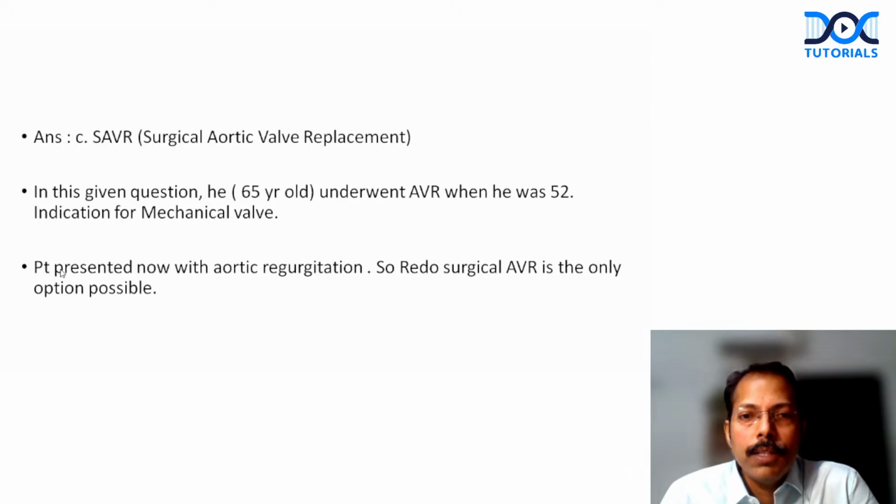The patient has now presented with aortic regurgitation. So maybe the patient has degeneration or a paravalvular leak causing the aortic regurgitation. So in this situation, the patient is a good candidate for a redo surgical AVR.